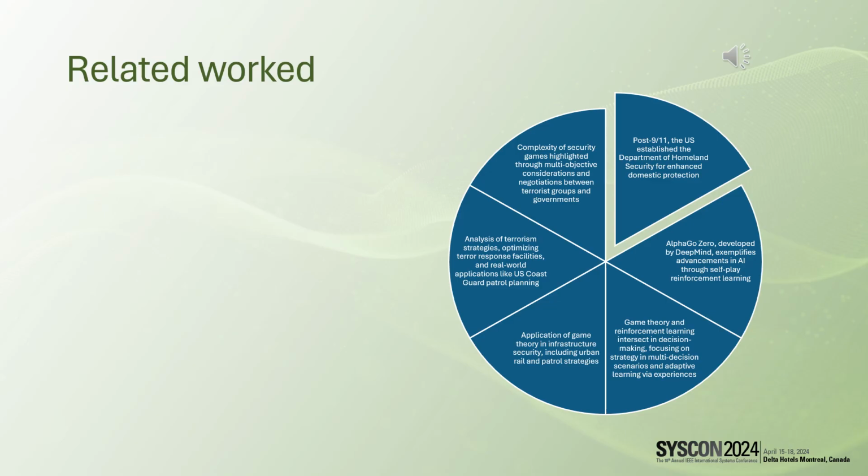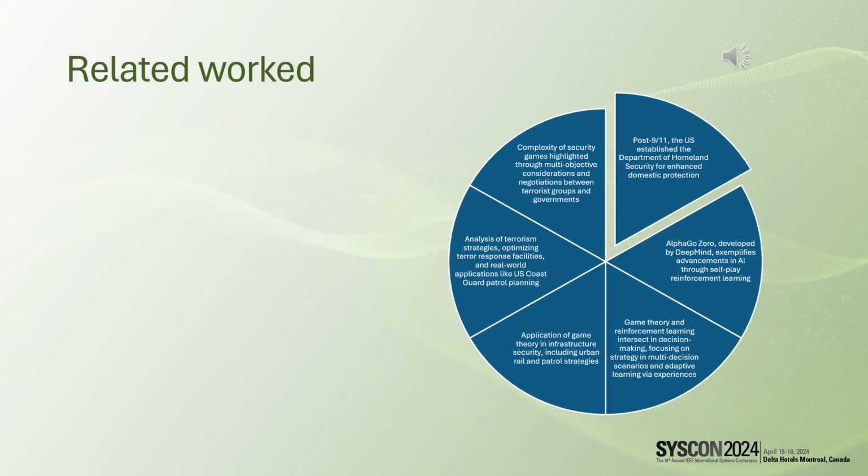So in related works, we can see that the summary covers the interplay between national security and advancements in artificial intelligence and game theory. Following the attacks of September 11, 2001, the United States amplified its focus on national security by establishing the Department of Homeland Security (DHS), aimed at bolstering domestic proactive measures.